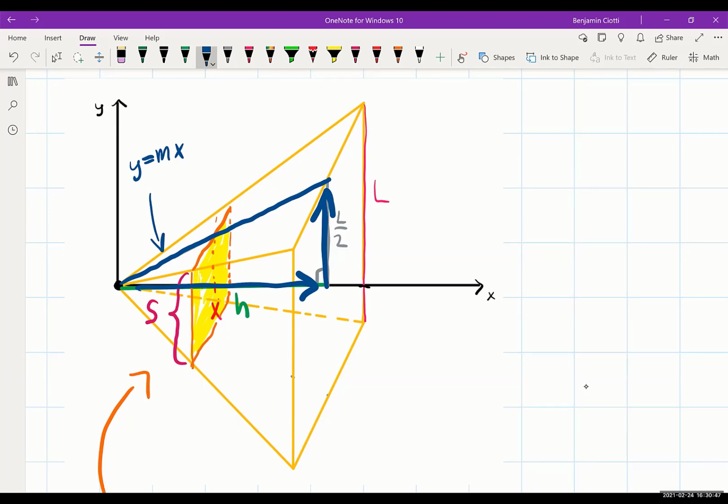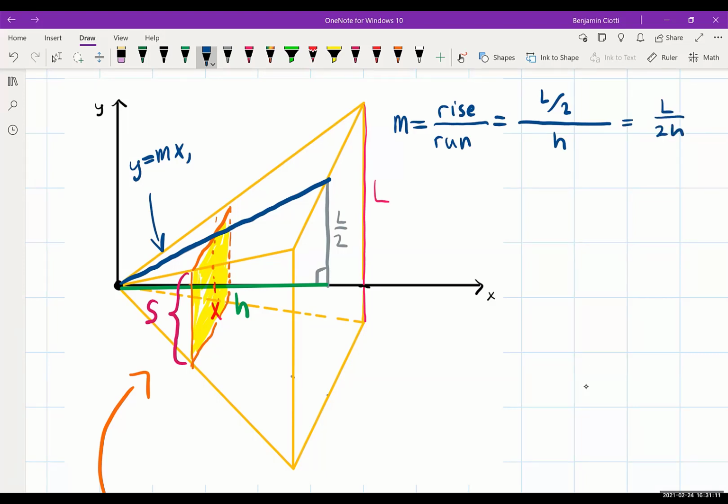You can read the slope off from the picture right there. So let me just calculate m. The slope of that line is the rise over the run. The rise is L over 2. The run is h. So apparently, that line is the line y equals L over 2h times x.